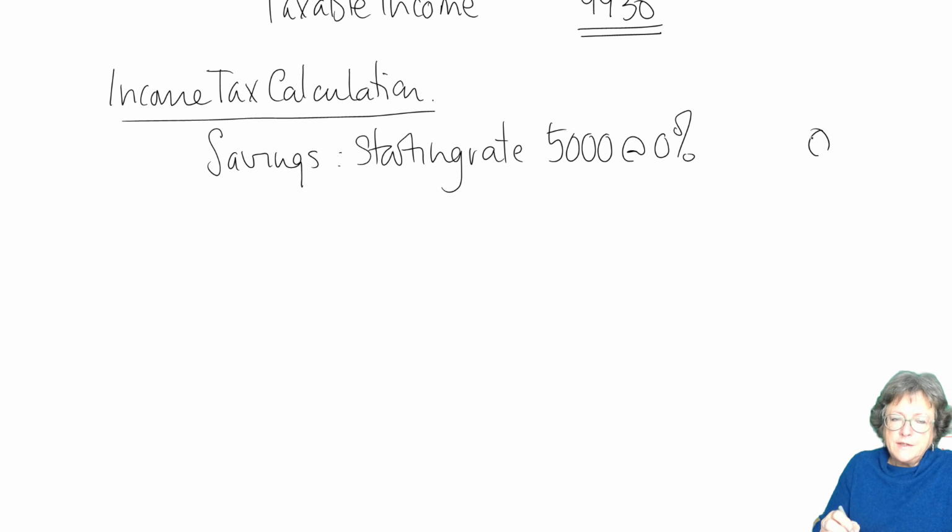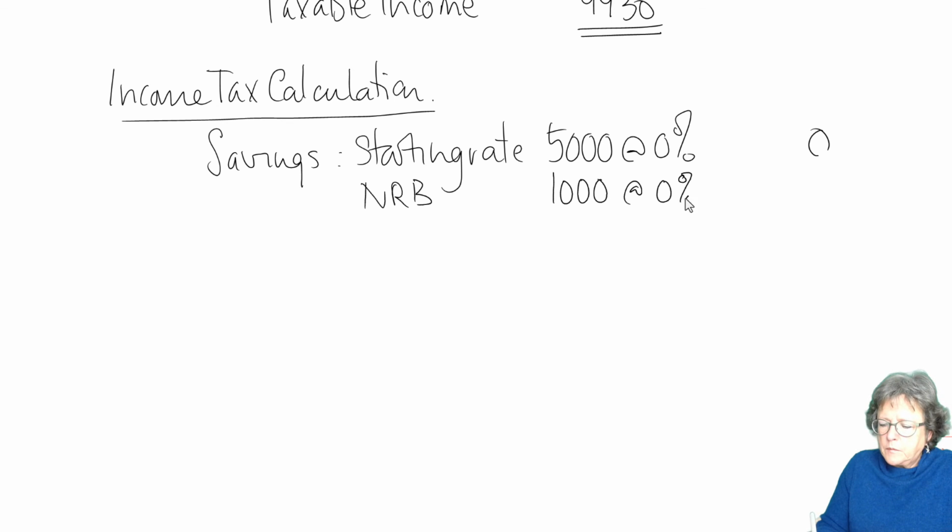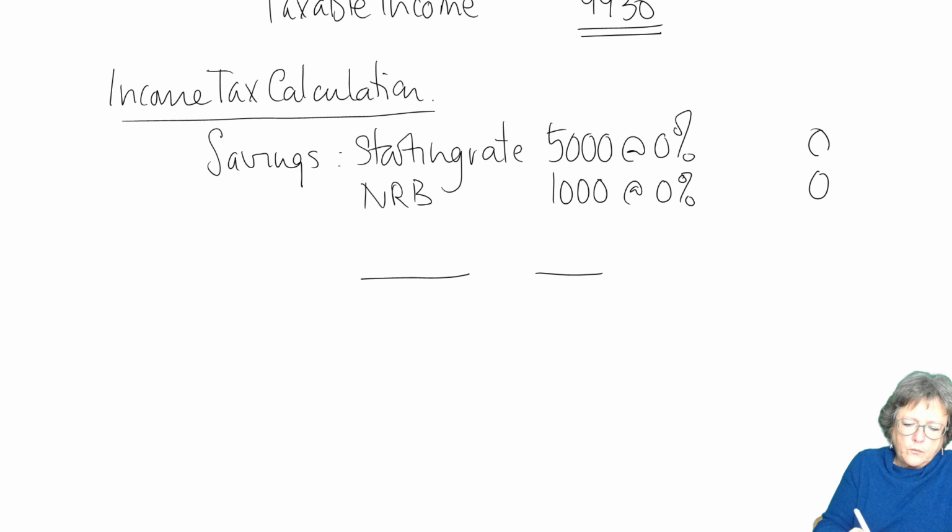Now, basic rate taxpayer, so nil rate band of £1,000. Her total income is 9,930.